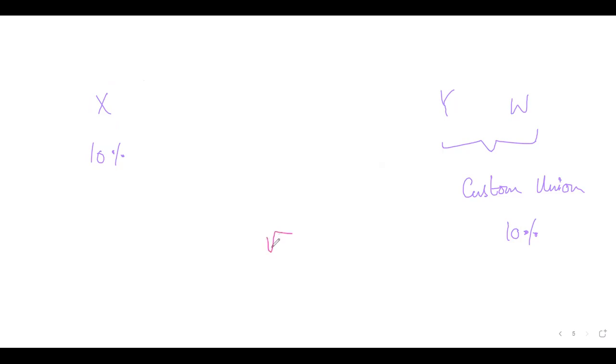Now, I'm talking about before the custom union was made. Before X joined the custom union of Y and W, X was importing the car from V. Now, in the example we assume that the price of a car in V was $92, whereas the price of a car in Y was $100.